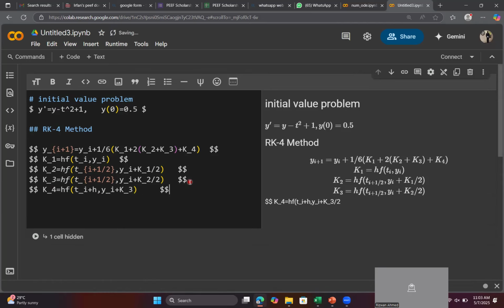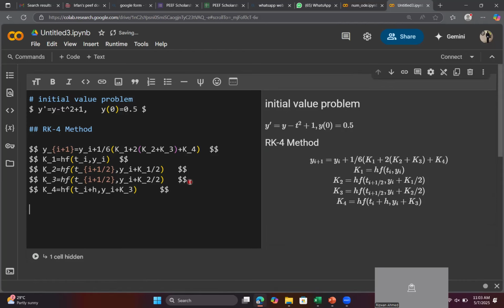Yes. So these are the k expressions. We have two increments computed at the midpoint, one increment computed from the left point, and one increment at the end of the interval. Now let's implement that in Python.